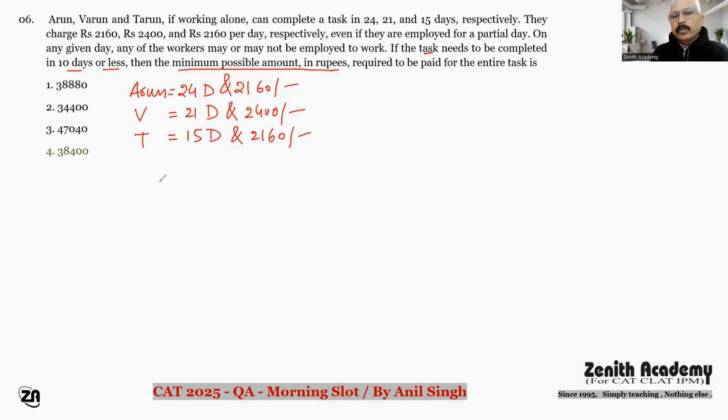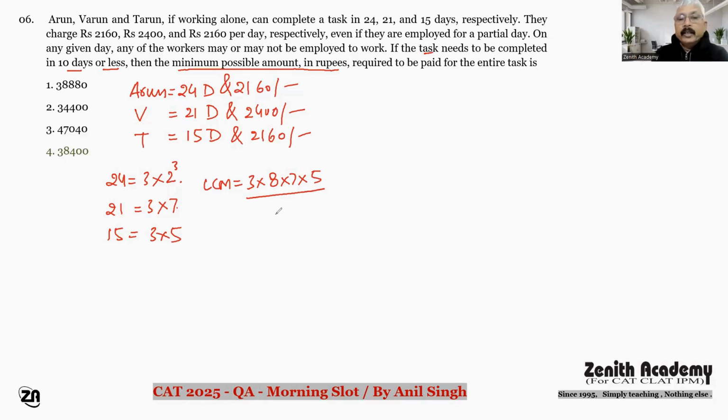So for this purpose, let us take the LCM. 24 is 3 into 2 to the power 3, and 21 is 3 into 7, and this 15 is 3 into 5. So this LCM is 3 into 8 into 7 into 5. This is equal to 840.